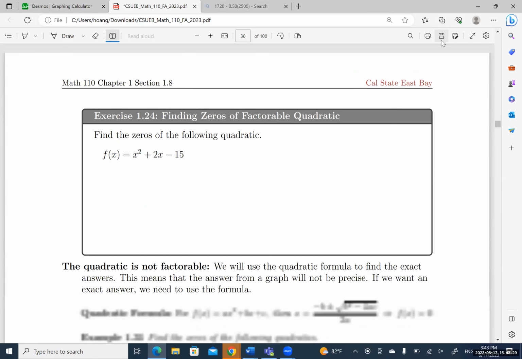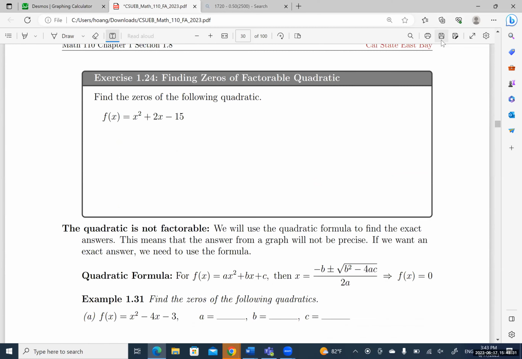The next one is going to be an exercise for you guys to practice with. I would like to leave this for you, and maybe to give you the answer key, it's going to be x equals negative 5.